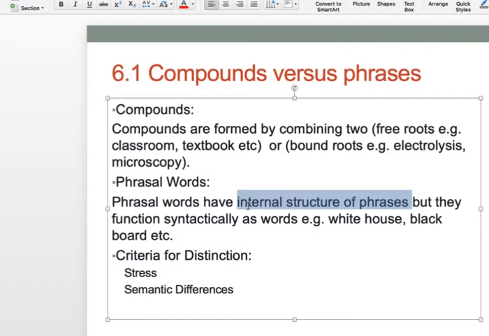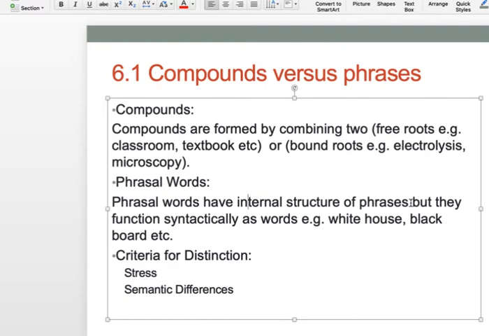I can still give you some more examples of phrases, like the small boy, a large building, or the building, or the book. These are all phrases. Now let's come to phrasal words.